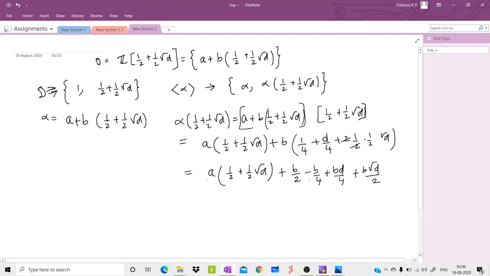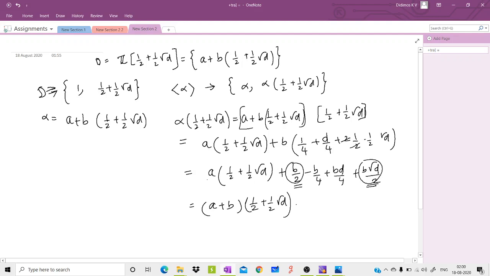So when you consider b/2 and this b√d/2, when you take b out from these two terms, the remaining term will be 1/2 + 1/2 √d. So you can write it as a plus b times (1/2 + 1/2 √d).